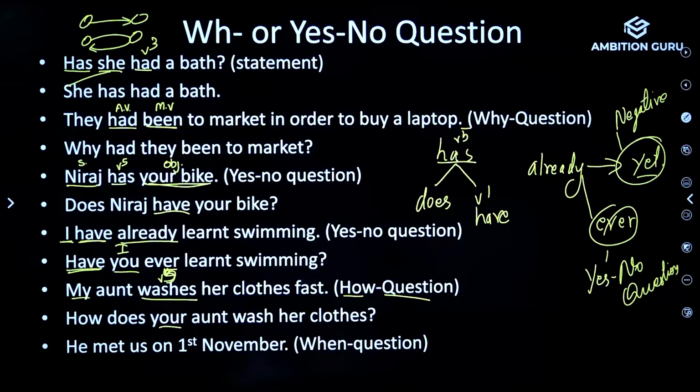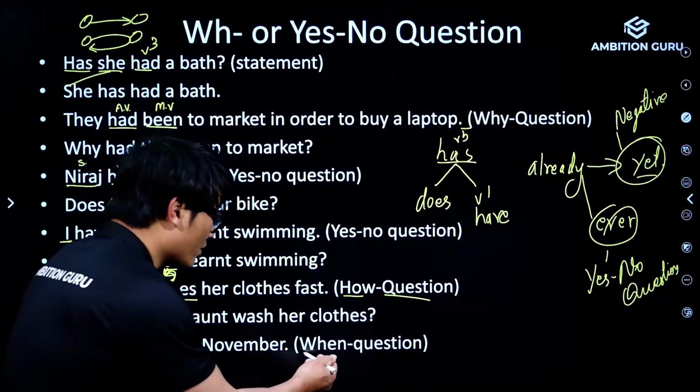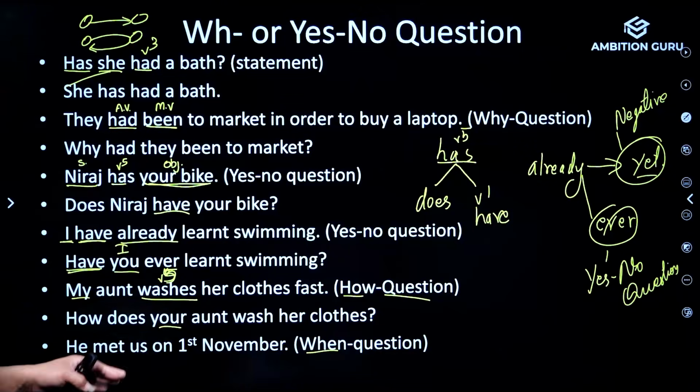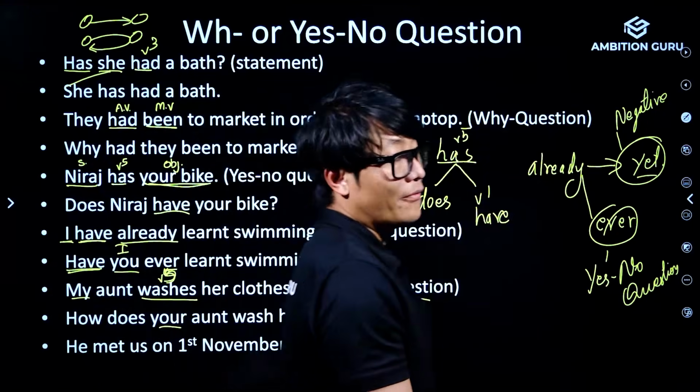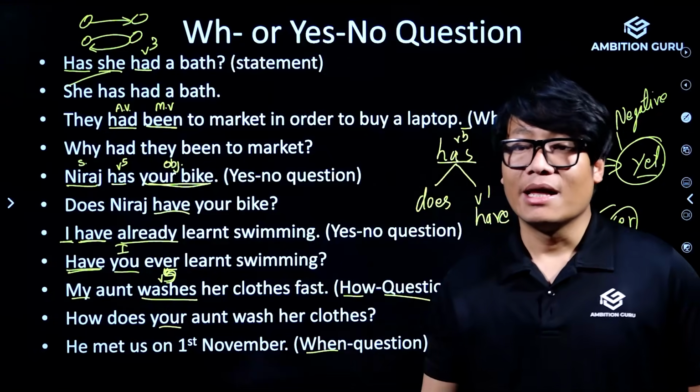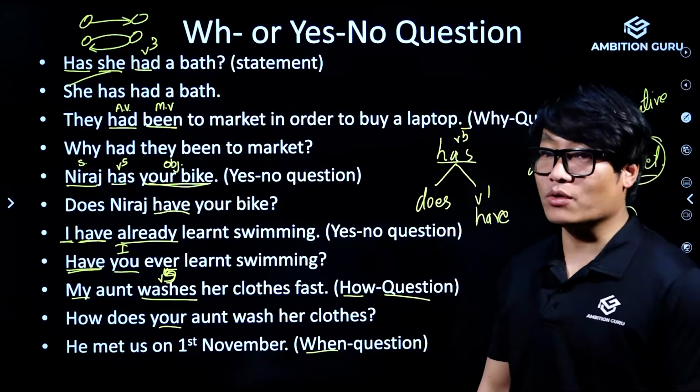Next question for you. He met us on 1st November. You need to change into when questions. And after this, again, we are going to have a break for 2-3 minutes, and then we will jump to question number 10.